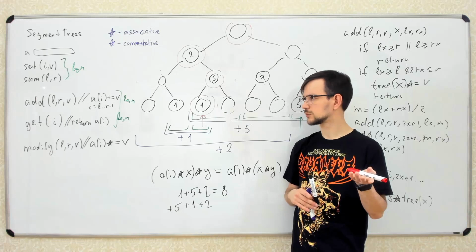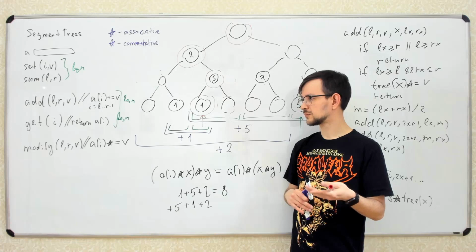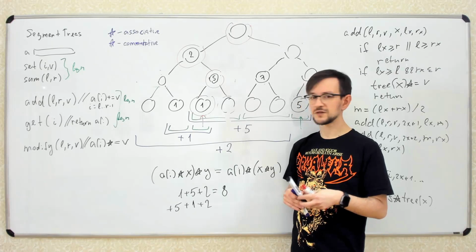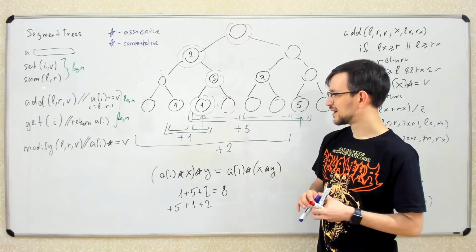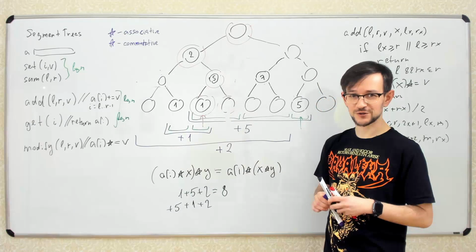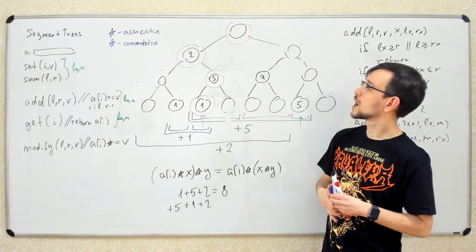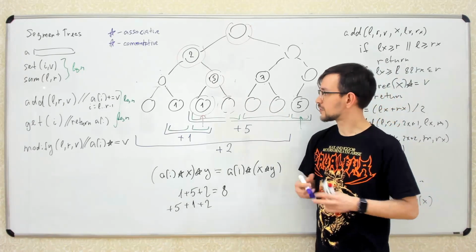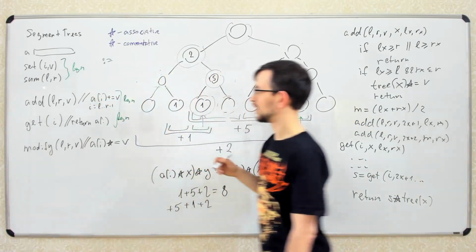The simplest operation which is not commutative but is associative is, let's call it, the assign operation. When you assign a value to some element, I don't know the good term in English. The simplest operation is basically to assign a value to the element.